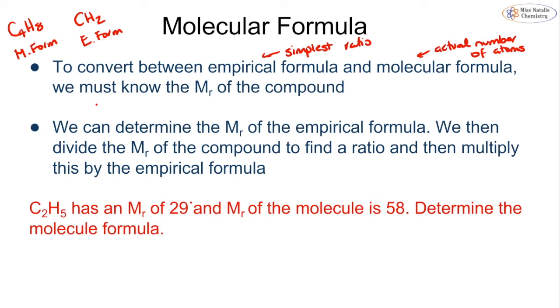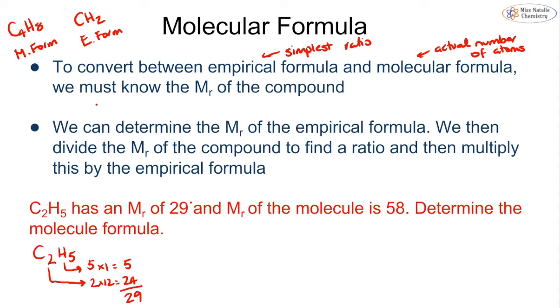So once we have the empirical formula, we can determine the MR of that formula, and we then take the MR of the molecule and then divide that by the empirical formula, and then that finds a ratio, and we then multiply that. So if we have C2H5, we know that that has an MR of 29 because it would be 5 times 1 is 5 and 2 times 12 is 24.